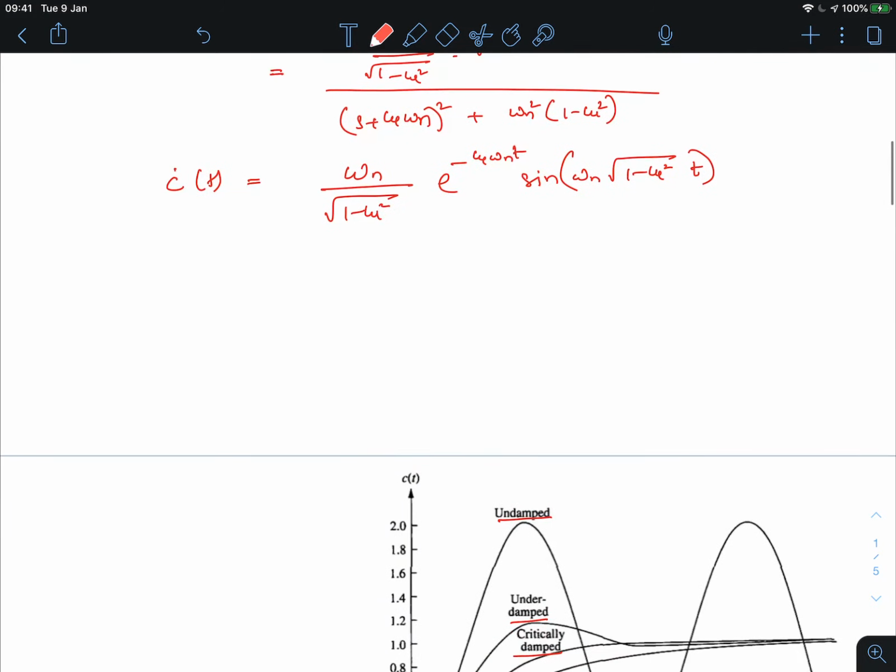So putting c dot equal to 0, it would be 0 whenever omega n root 1 minus xi square t is equal to n pi, and from here we get our Tp as n pi over omega n root 1 minus xi square.